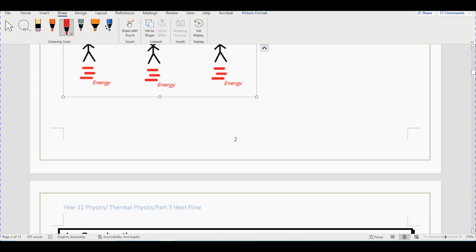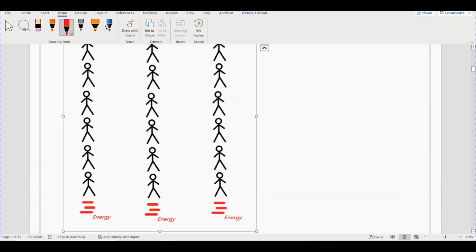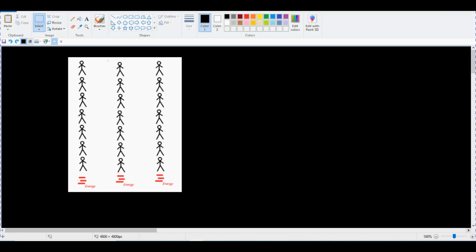There are three ways they can transfer the energy. So let me give you a brief analogy.